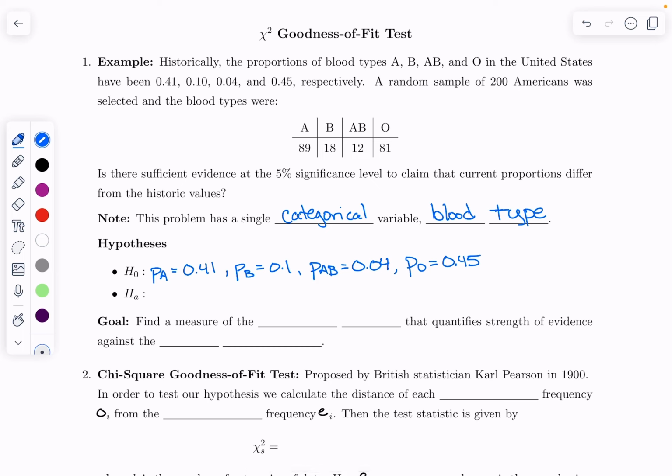Now, I would like my alternative hypothesis to be exhaustive so that it is including all the possibilities that contradict the null hypothesis. So instead of saying that all the proportions are different from the historical ones, I'm going to say at least one of the proportions is different from the historical values.